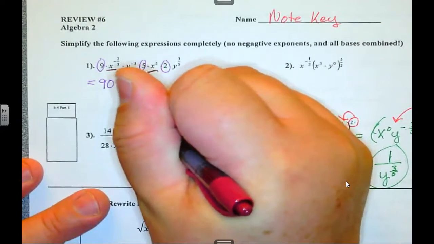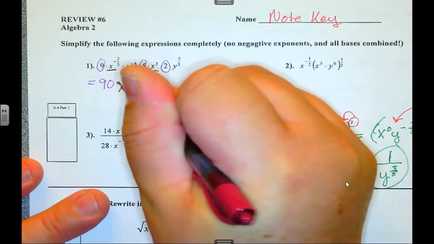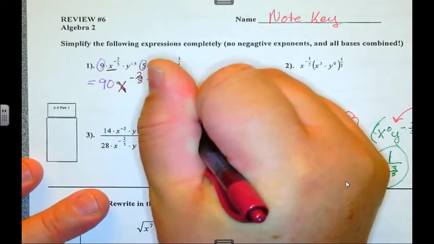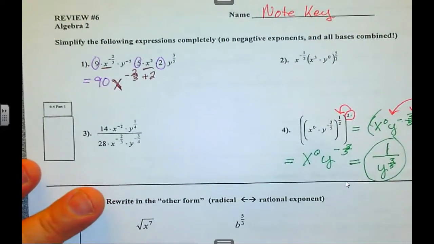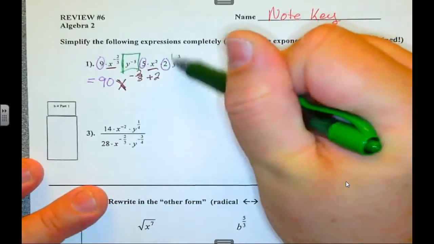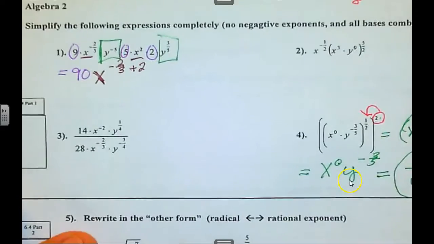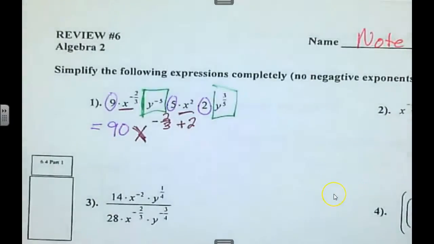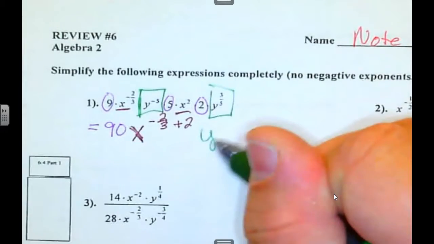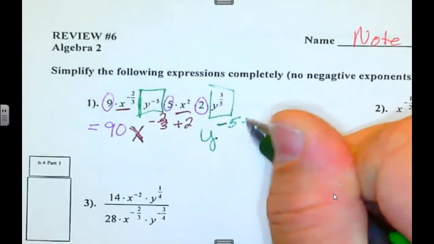You guys are still multiplying them. Negative 2/3 plus 2. And then the y's. You're going to add the exponents. Quit multiplying them.